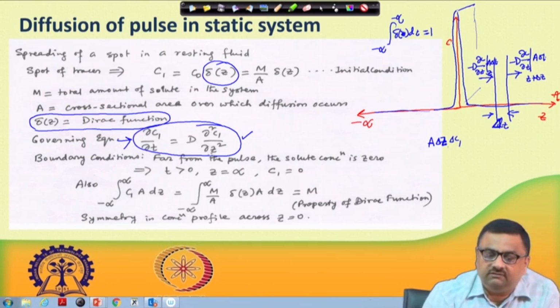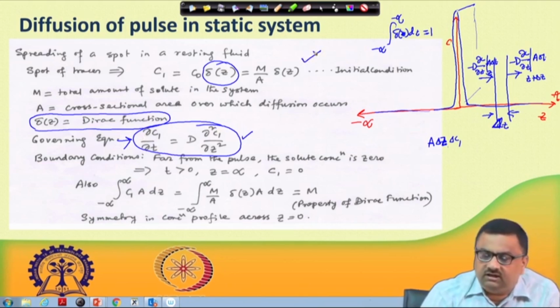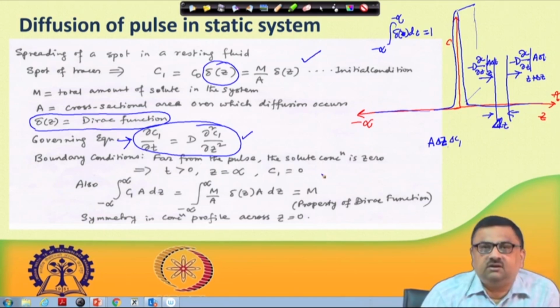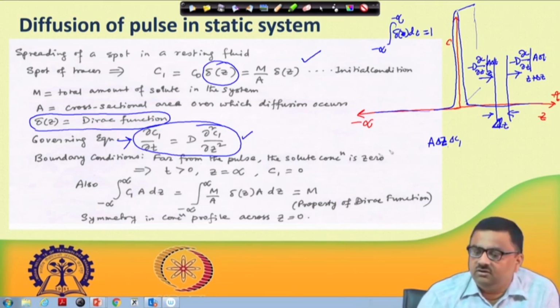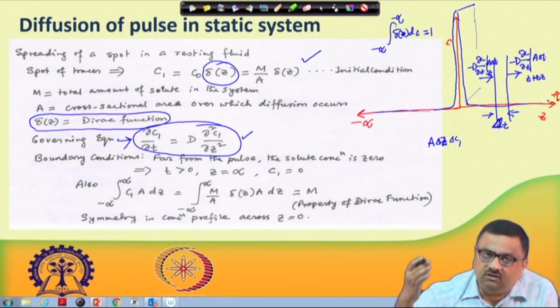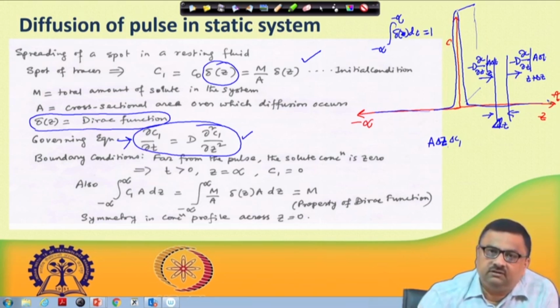So, this is the governing equation, this is the initial condition, and we need some boundary conditions as well. One thing is that far from the pulse the solute concentration is 0, that means at infinity. The definition of infinity is in your hand, whether you call 1 centimeter infinity or 100 kilometer infinity, it depends on the length scales of this system.